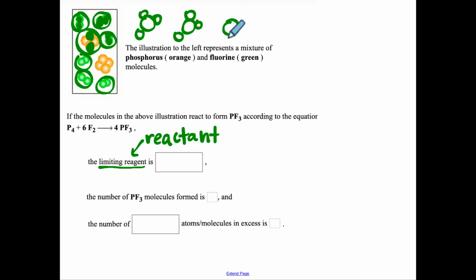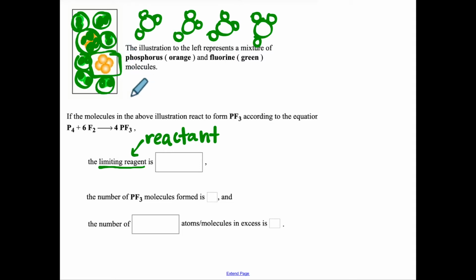And then another PF3 takes this one and 3 of these. And then the final PF3 takes this one and 3 of these. So we have these 4 PF3 that have been formed, and the only thing left over is this one P4.